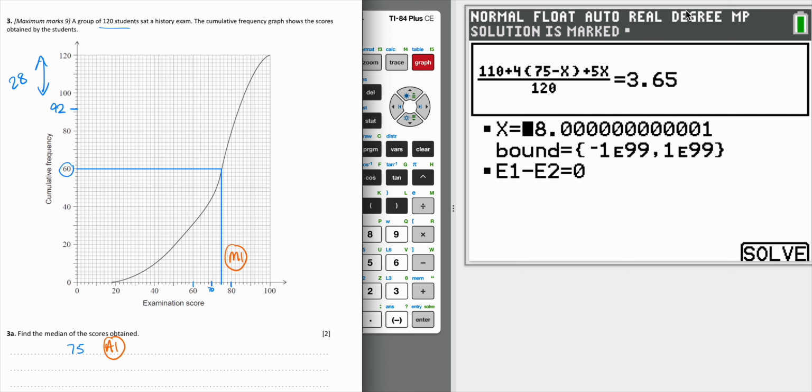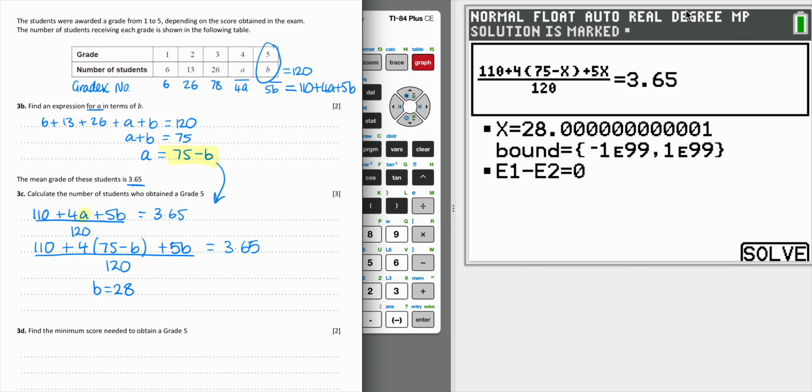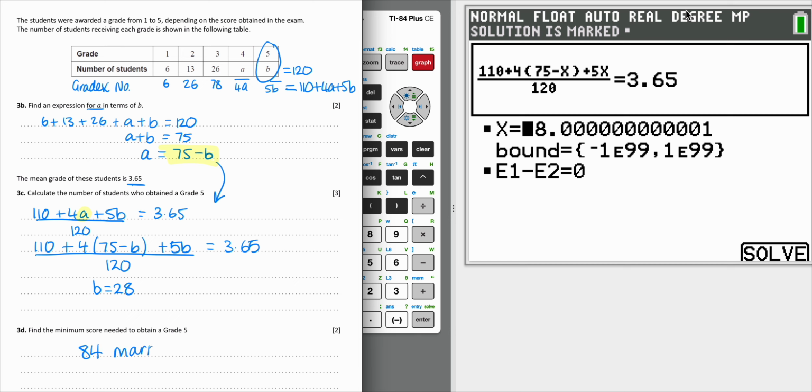So I need to go across here and find out what score that is equal to, and we can see that's exactly on that line. So obviously you're going to use a ruler and we can read across on our axis and see that that is 84, and therefore 84 marks are needed to score a grade 5.